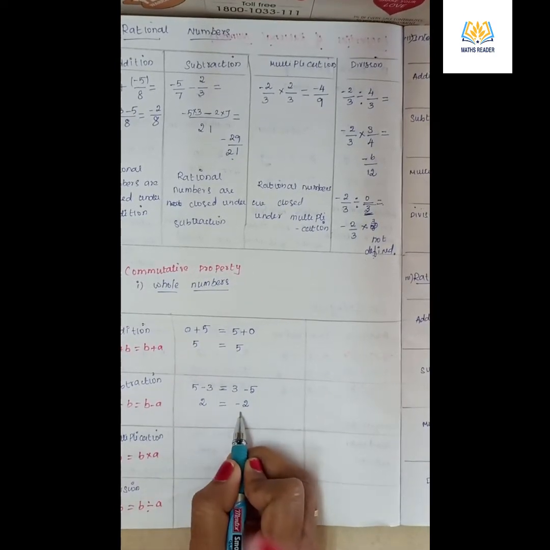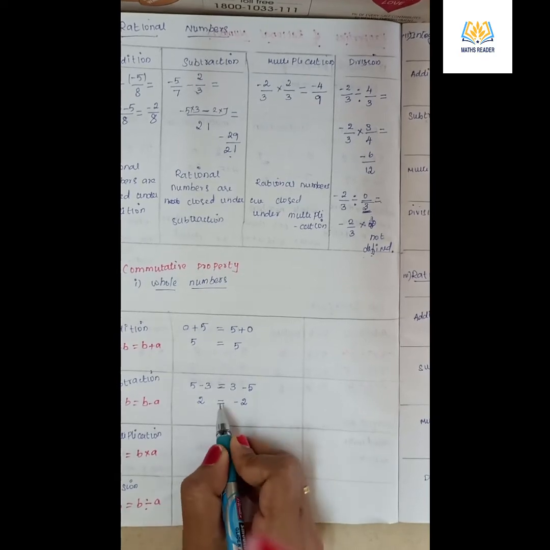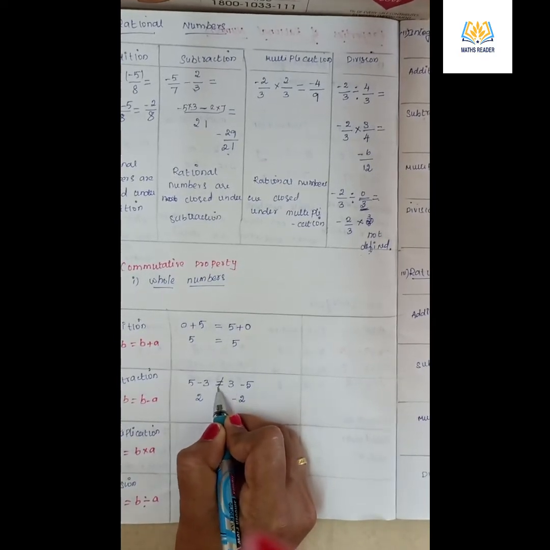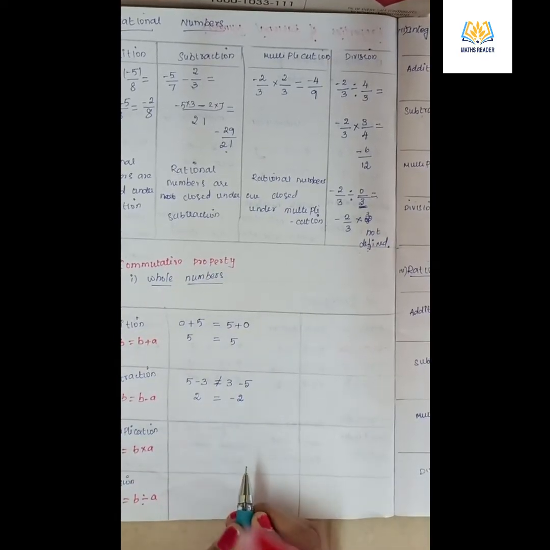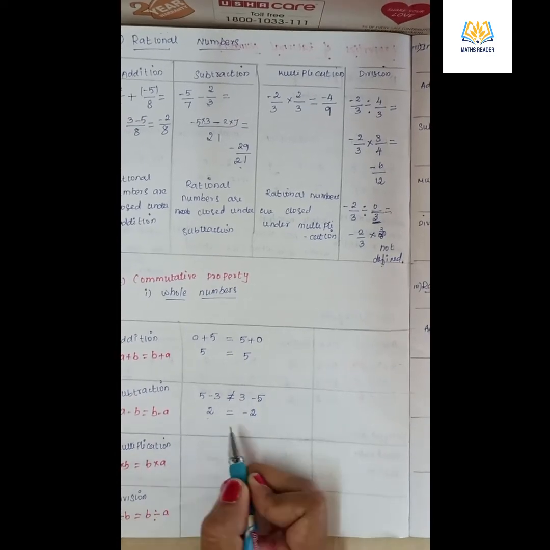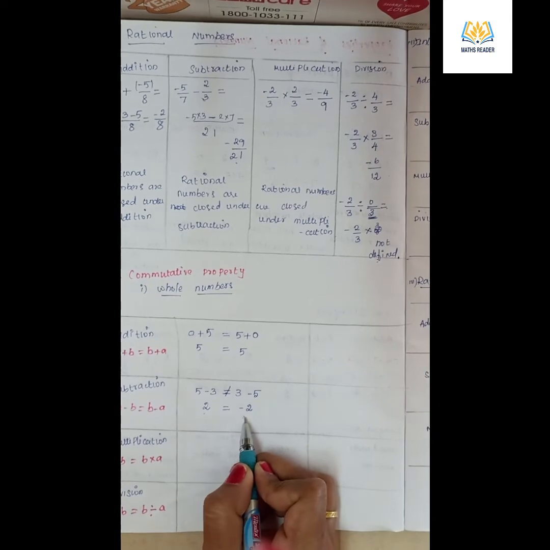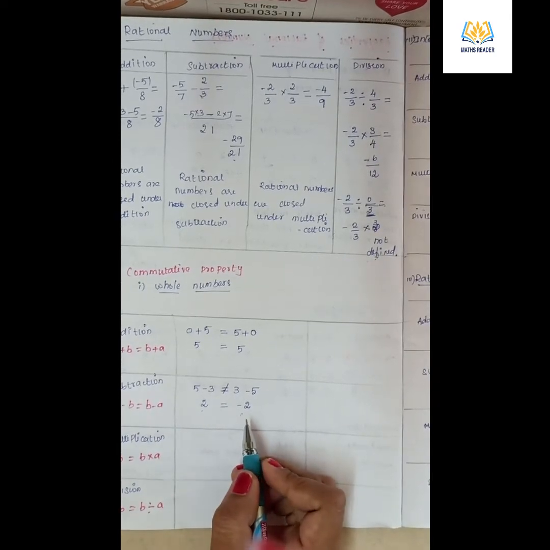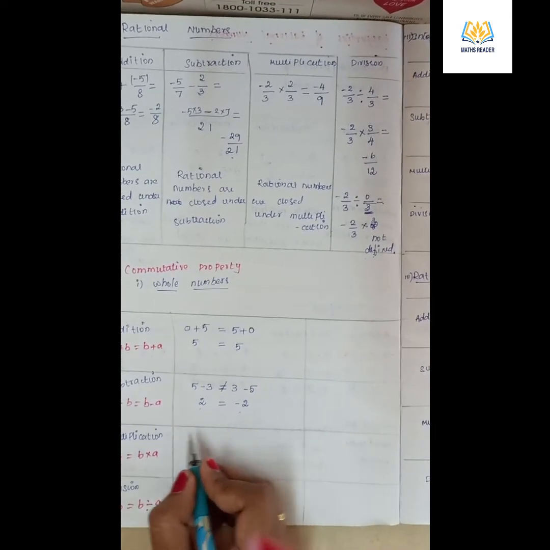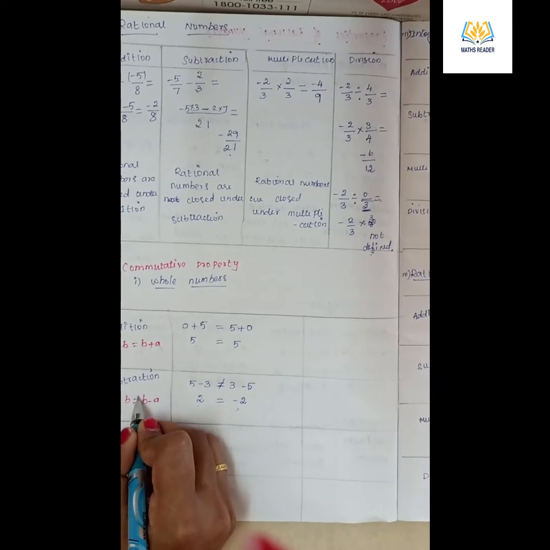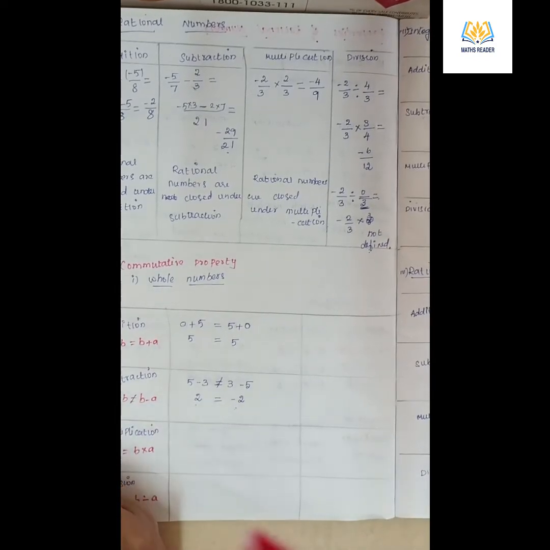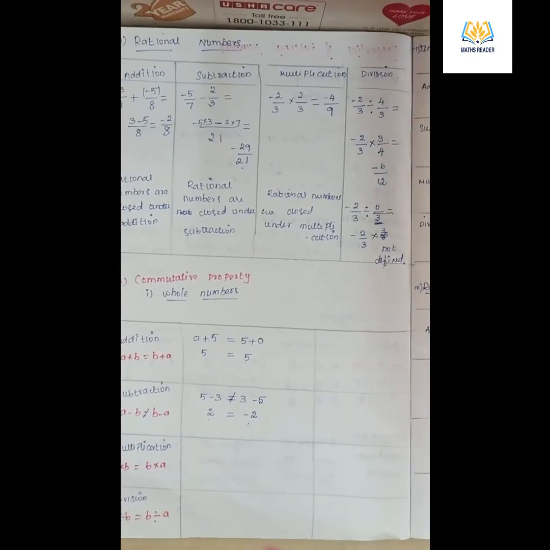So these two are not equal. So 5 minus 3 is not equal to 3 minus 5. Here we have plus 2, here we have minus 2. So these two are not equal. So the subtraction does not satisfy the commutative property. So A minus B is not equal to B minus A.